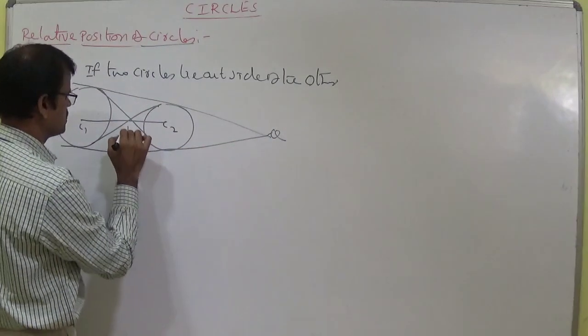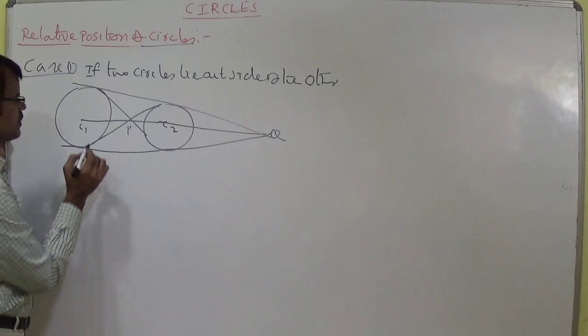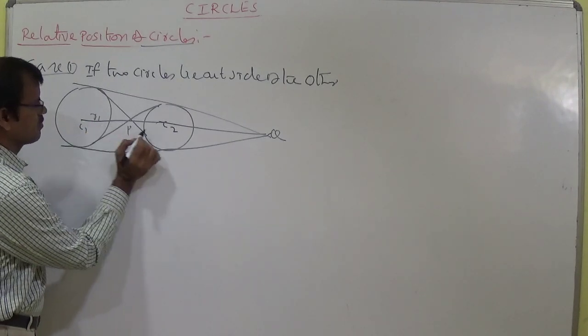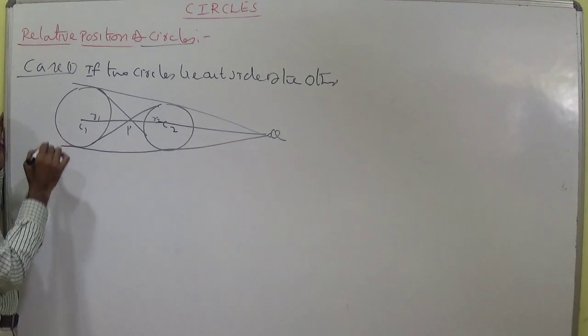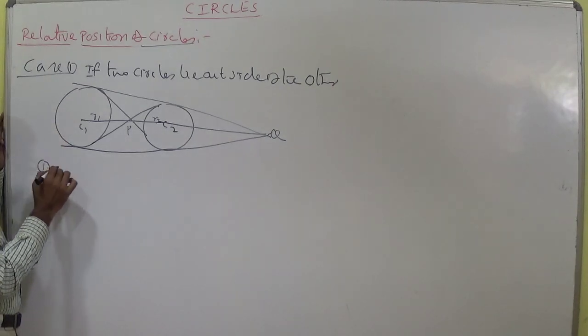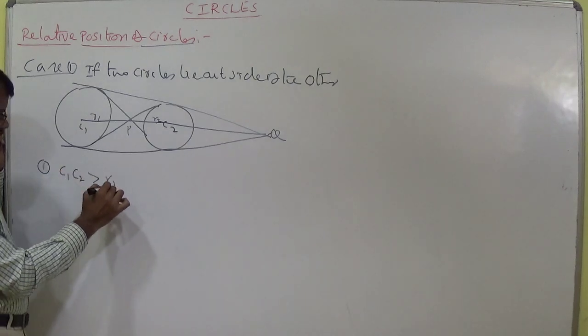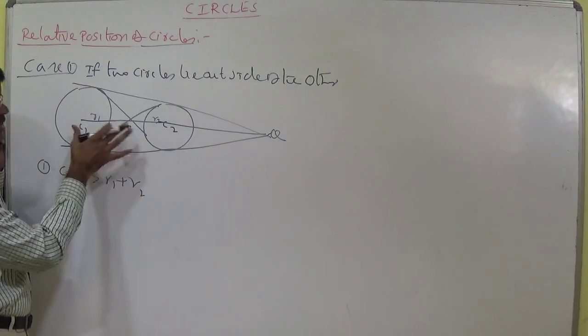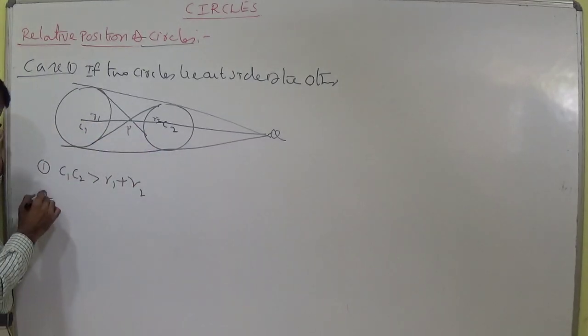This is Q, and this is P. Join like this. Now what is happening? This is R1, this is R2. Now you can try to understand that first point. In this case, C1 C2 is greater than R1 plus R2, because the C1 C2 distance is totally greater than R1 plus R2. This is the main condition.